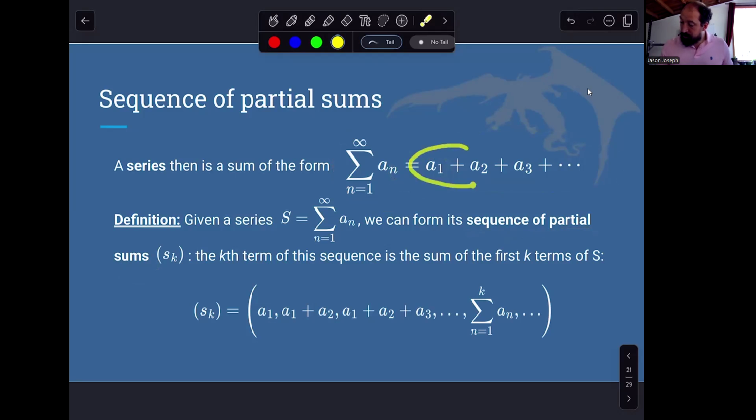The second term is the sum of the first two terms. The third term is the sum of the first three terms, and so on. So the kth term is the sum of the first k terms of the series. So this is a sequence that tacks on one more term every time.